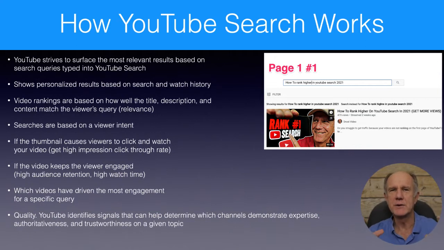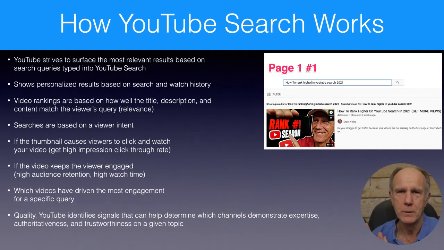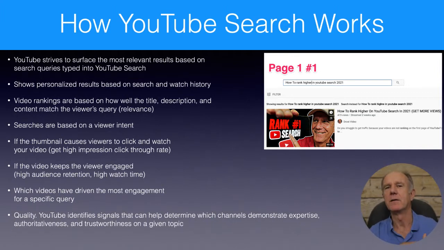So if it's getting a lot of views, comments, and subscribers, that's saying to the YouTube algorithm that people are interested in this video. So if you're getting more views, comments, interaction, and activity than other videos on that same topic, then it'll move your video up, and as a result, you'll get more views.